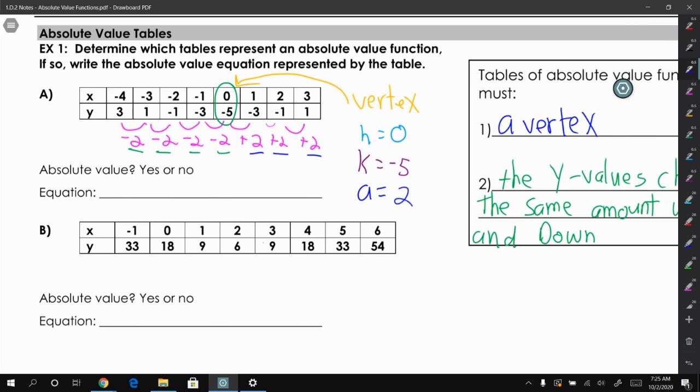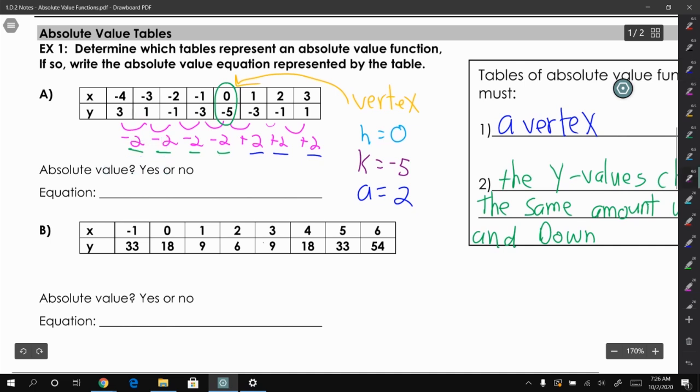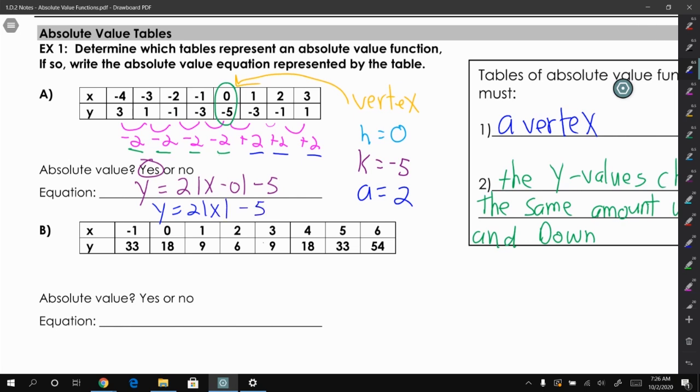If these signs would have been reversed and it was +2 over here on the left and then -2 down here, then my a value would have been -2. So this is an absolute value function. The equation is going to be y equals 2 times the absolute value of x minus 0. You don't have to put the -0, and then -5. So instead you could have y equals 2 times the absolute value of x minus 5. Either one of those is okay. We're going to get to the point where we're not going to write the -0.